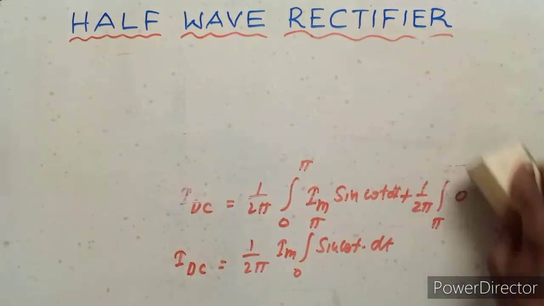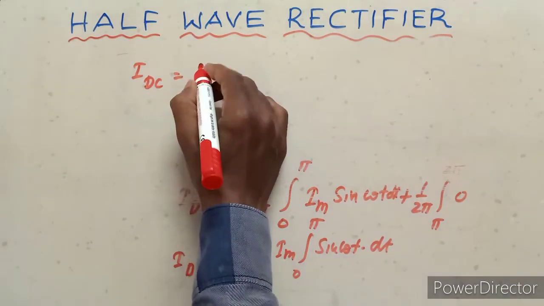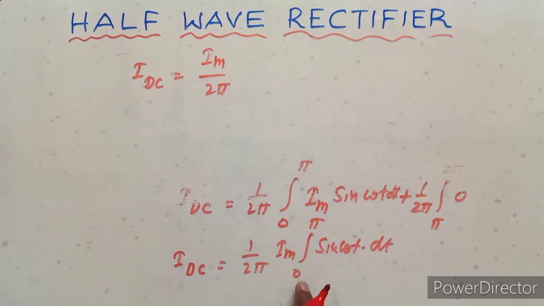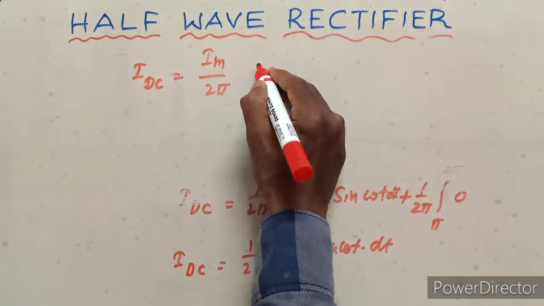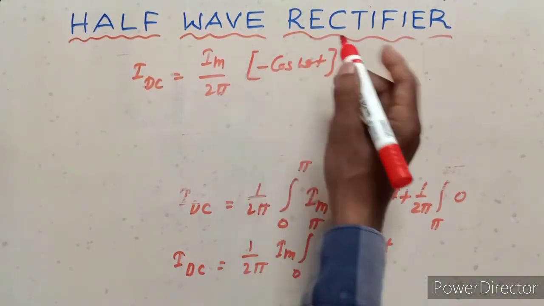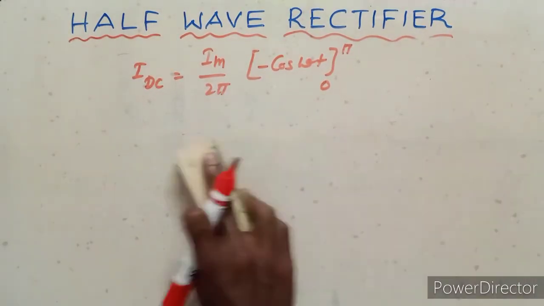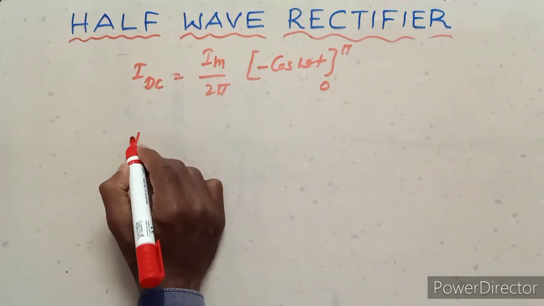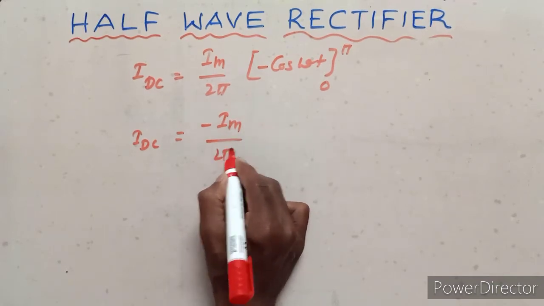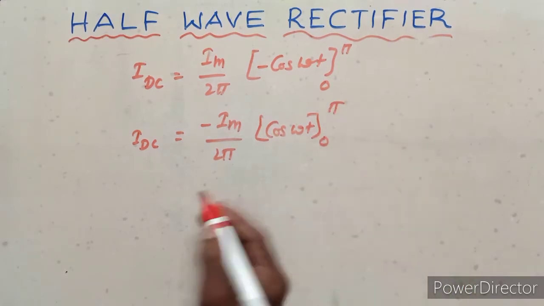Further simplification: the DC current equals Im upon 2 pi, integration of sin omega t equals minus cos omega t, with boundaries 0 to pi.